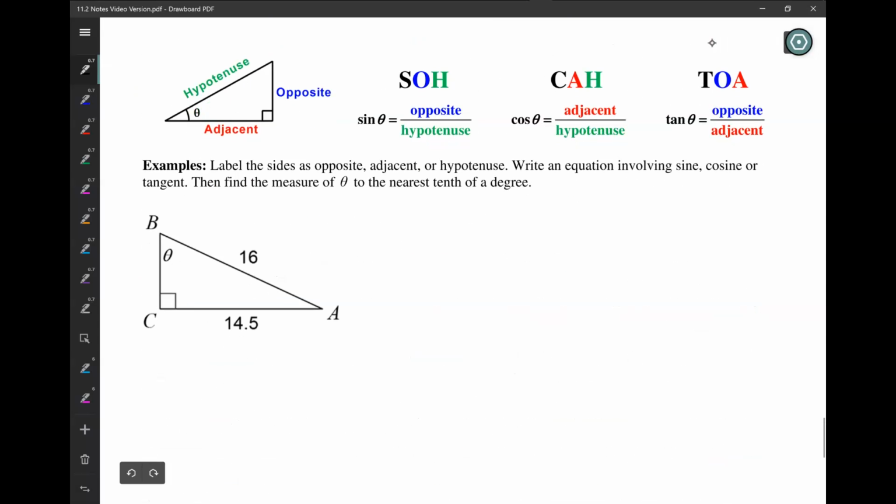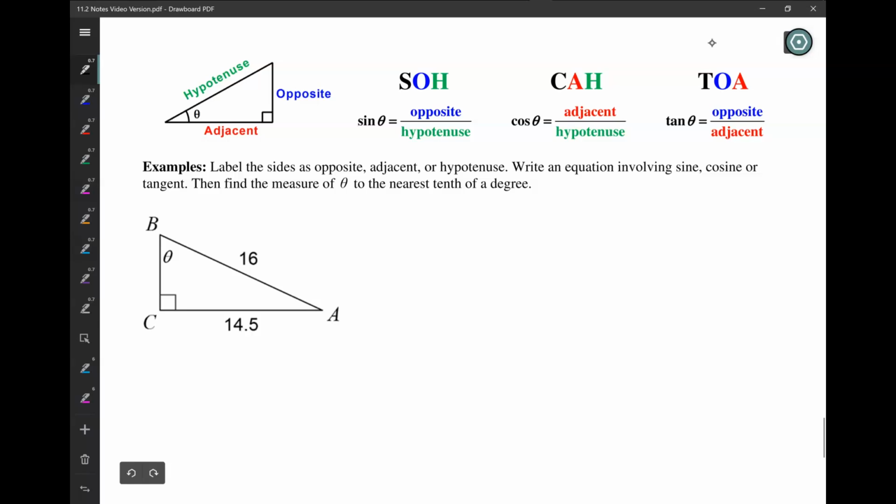Last example. I'm looking at the top angle right here. 14.5 is opposite that angle. And here's my right angle. It's pointing at the 16, so that's the hypotenuse. So I want the ratio that involves opposite and hypotenuse.